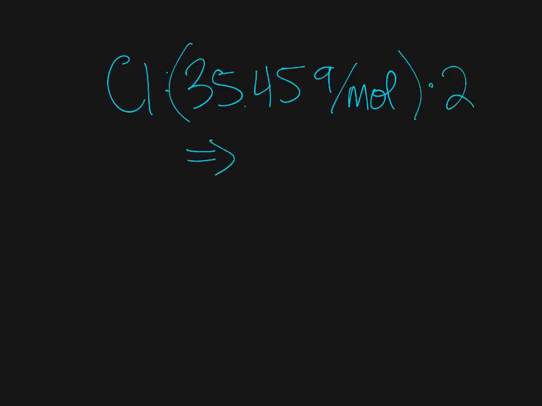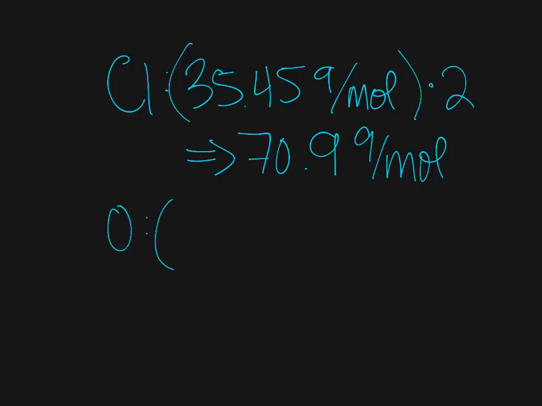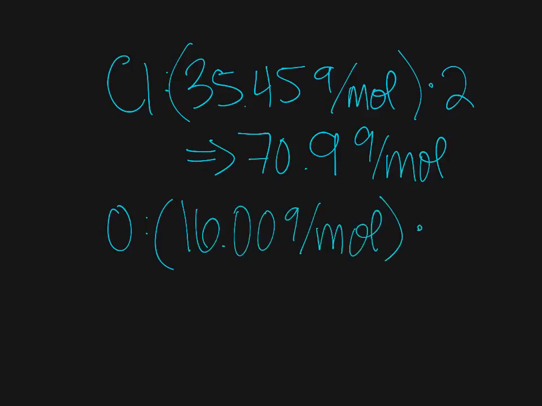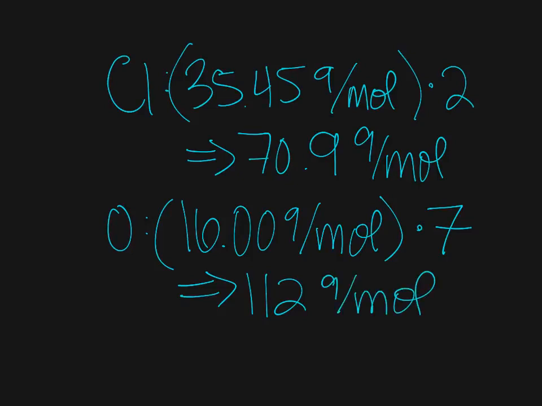And this will give us 70.9 grams per mole. For oxygen, it has an atomic mass of 16 grams per mole. And as stated before, we have 7 of them. So we have to times it by 7, which will give us 112 grams per mole.